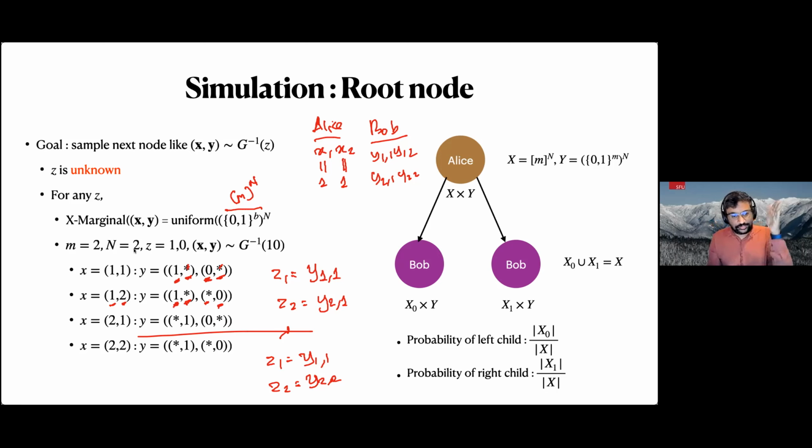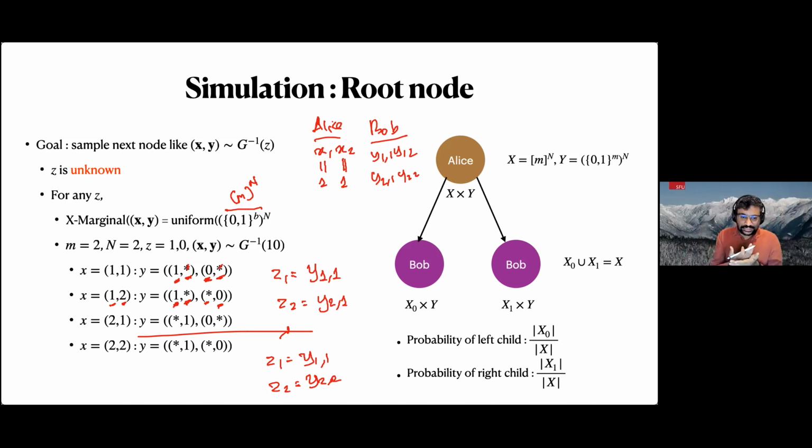Now if you sample an XY from this distribution and look at the probability of a particular X, the probability of X equal to 1, 1 is the same as the probability of X equal to 1, 2. In fact, all these probabilities are the same.